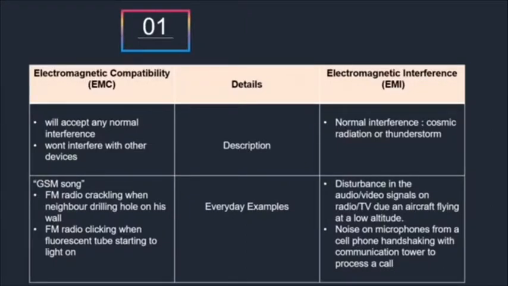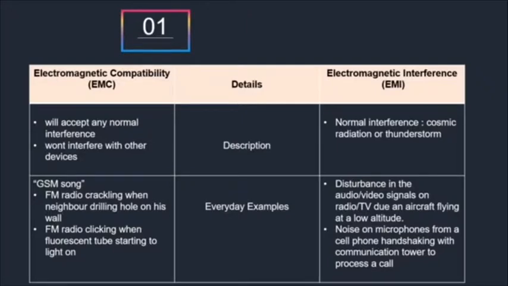EMC will accept any normal interference and won't interfere with other devices, while EMI is the normal interference, which is cosmic radiation or thunderstorm. We can see examples of EMC in our daily life, which is FM radio crackling when the neighbor is drilling holes in his wall. This phenomenon we call GSM buzz.